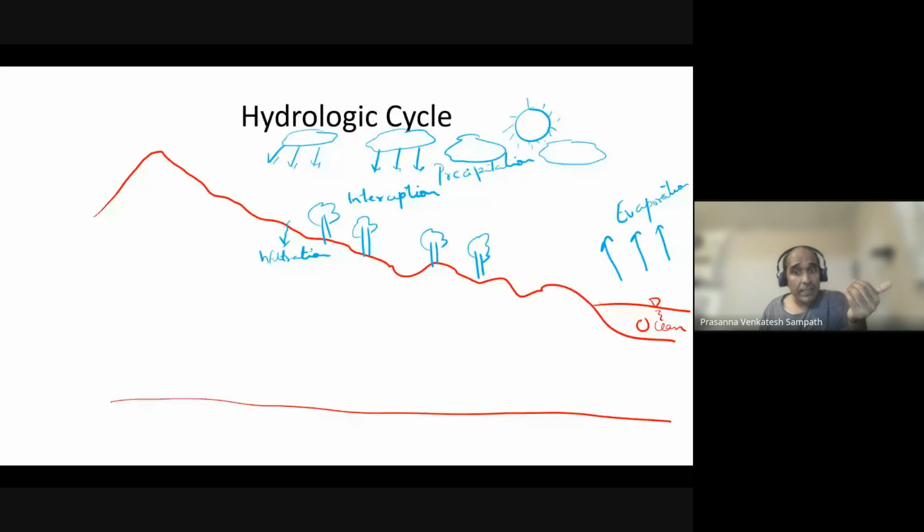Now, what else can happen to the rainfall that's falling from the atmosphere? It can fill the little depressions on the land surface. Okay, so there are areas, for example, on our campus, if you look at it, you have these two big ponds, which store a lot of water. Now these ponds are not only collecting water that falls directly into them as rainfall.